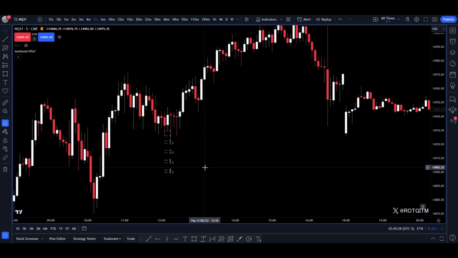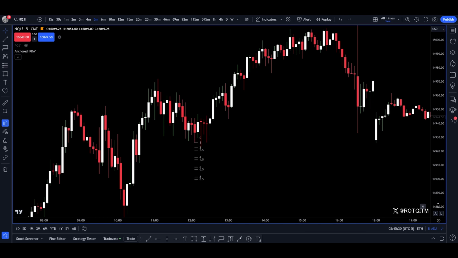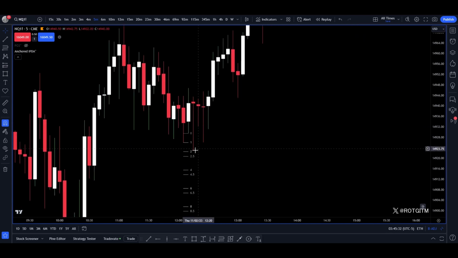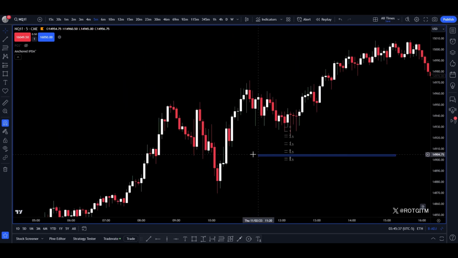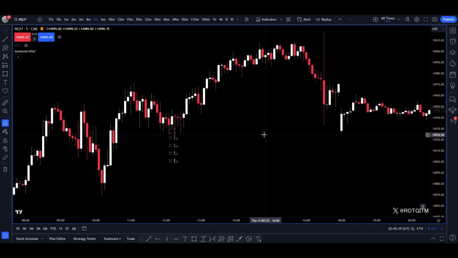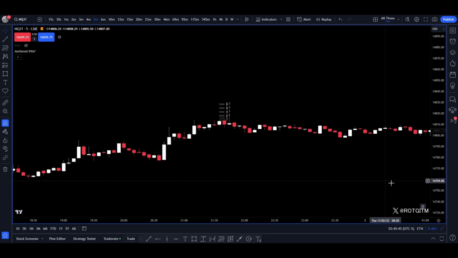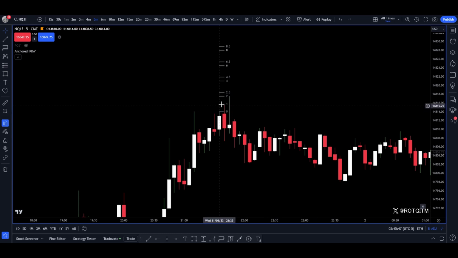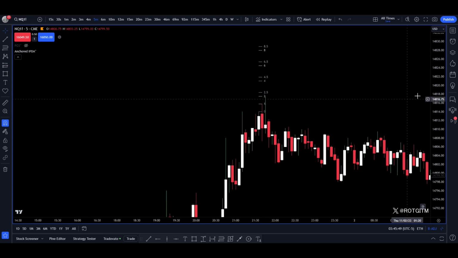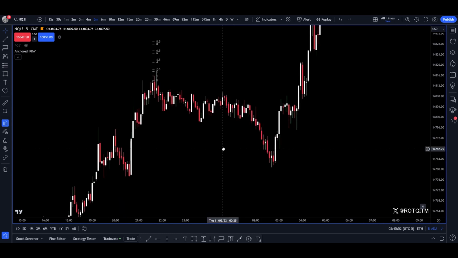Okay, are we done? Right? 2 standard deviation, and then it doesn't come back. Here again on a swing high, 2 standard deviation, doesn't come back.